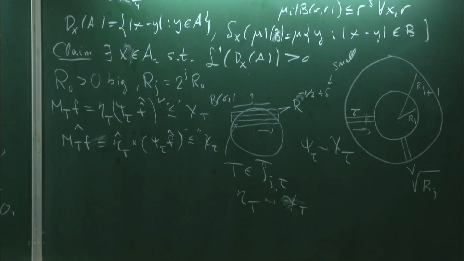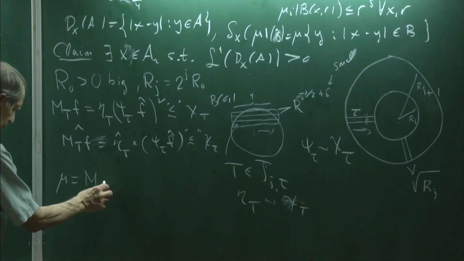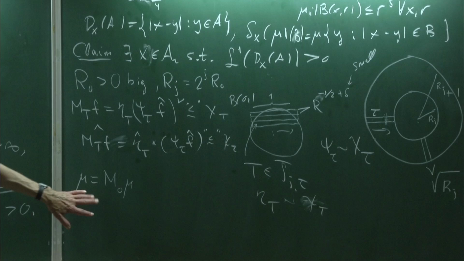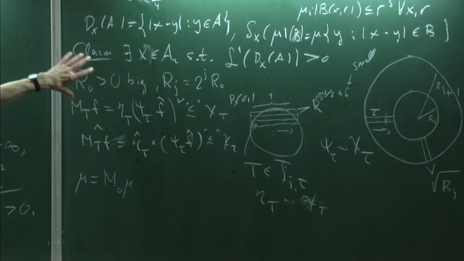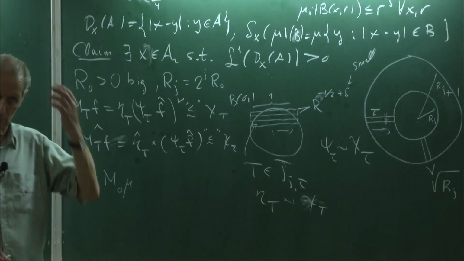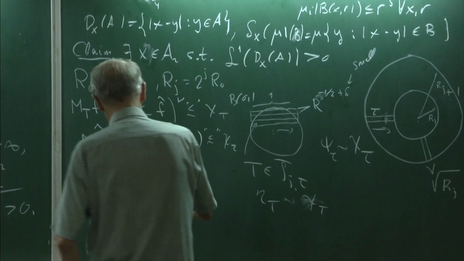And then when you do it, you get a decomposition of mu. I don't even explain what this is. You can figure it out if you want. It's not important for this explanation, but it just comes from the beginning situation that you look at first things in the ball of radius R0, and this is the term that corresponds to that.